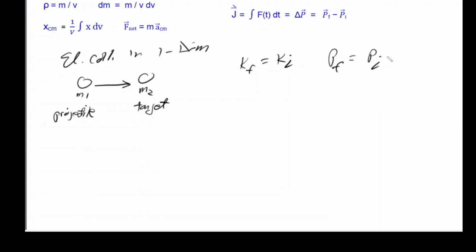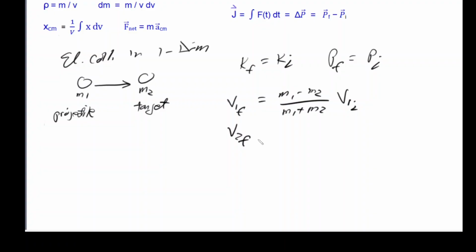Well, if you go through and you find the center of mass, and then you try to find the velocities, you'll see that the final velocity of the first mass comes out to be mass 1 minus mass 2 over mass 1 plus mass 2 times the initial velocity of the first mass.